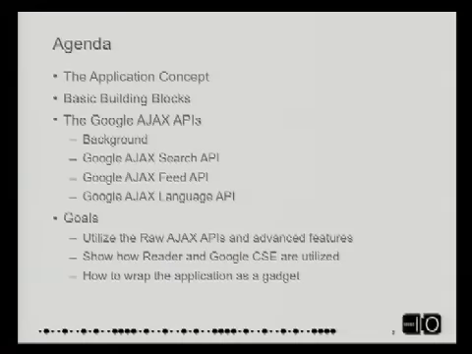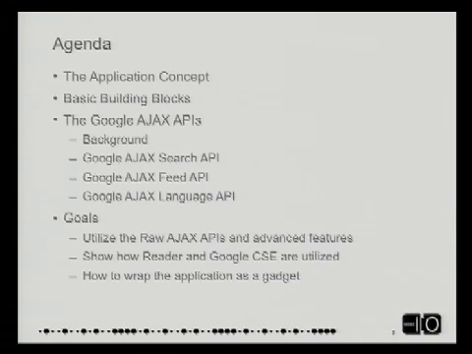So on the agenda, we're going to talk about the application concept. What this talk is based around is a concept that we had internally where we said, we want to do X, and how are we going to get there? That application concept then essentially turned into a talk, and that talk is here. We're going to talk about the basic building blocks, what we use to actually build what we're trying to deliver on.